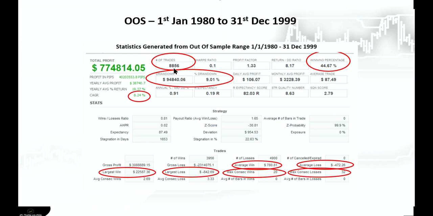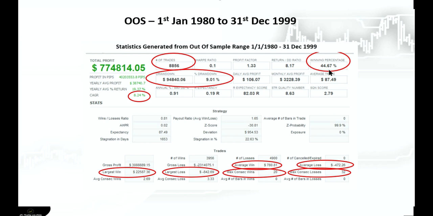It's a sufficient sample size to give us confidence in the quality of the statistics generated by this report. We also pay close attention to the winning percentage. A point of note is that most trend following systems have a winning percent of 40% or even less, but do not be surprised by the relatively high win rate for a backtest using our workflow process.